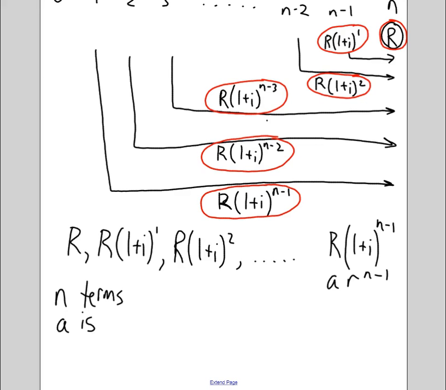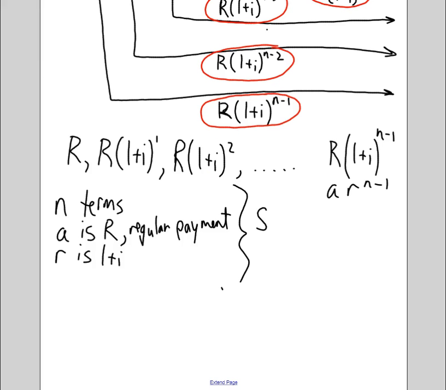A is R, and that would be our regular deposit or payment. It's either an investment payment or it's a loan repayment. And the common ratio r is 1 plus I. And so when we put that all together with what we know about the sum of n terms, we get R in place of the first term.